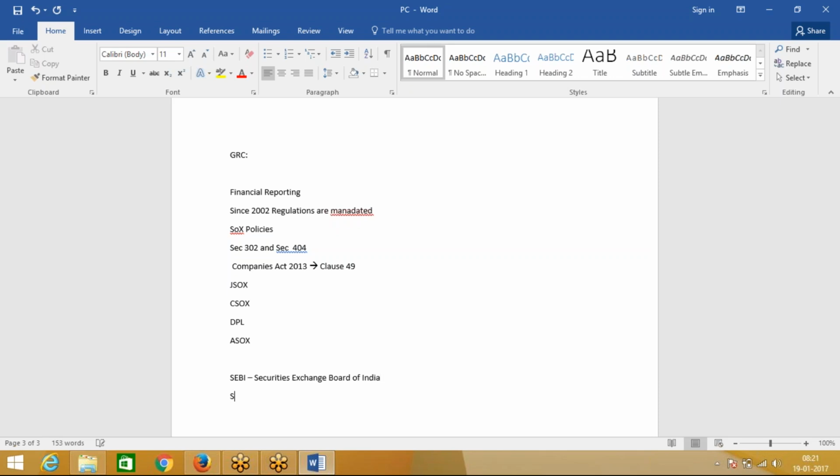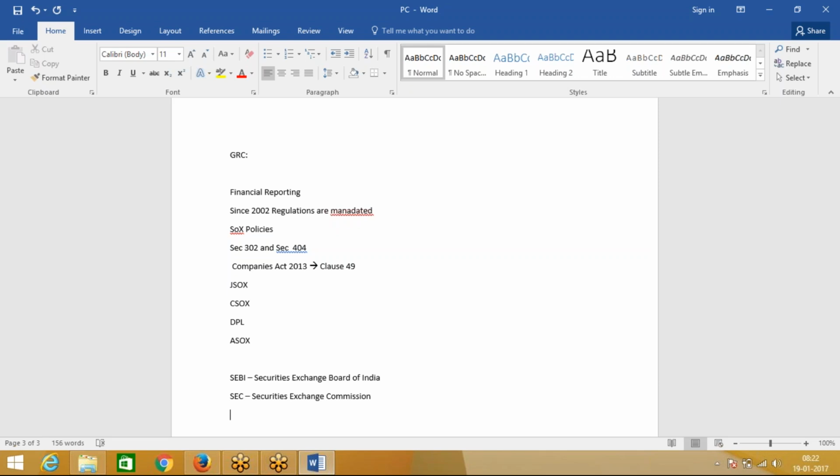For the US it's the SEC, the Securities Exchange Commission. Different countries have their own regulatory board, which controls these policies and regulations. The companies listed in the corresponding country mandatorily have to follow these regulations. Clear, right? The companies listed in India definitely have to follow clause 49 rules.